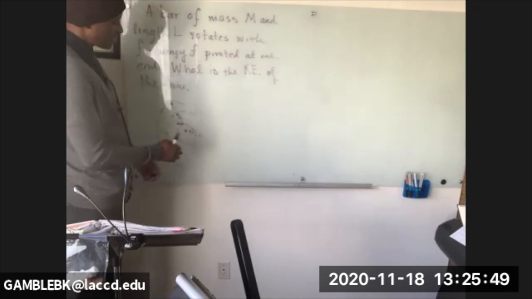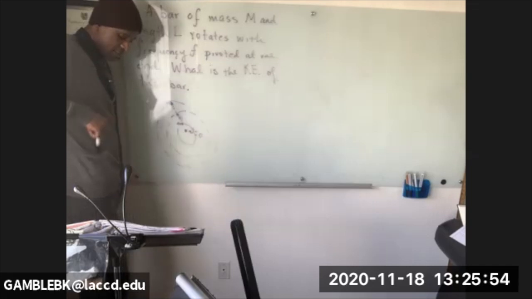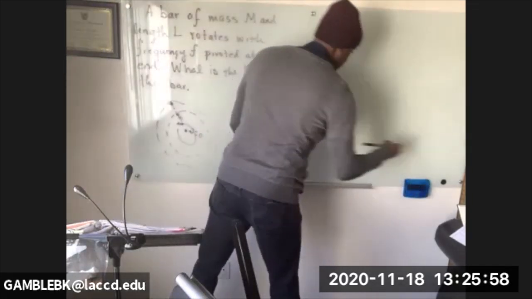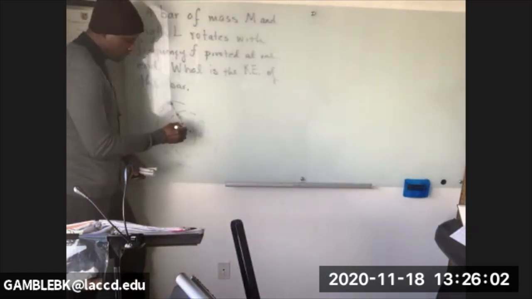So basically the kinetic energy, if I'm thinking of it as a solid mass, of each one of those individual parts, the differential masses, is not the same because the speed is not the same, right?